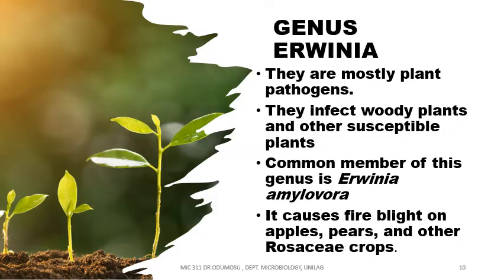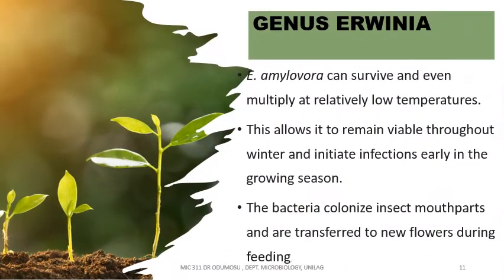So a common member of this genus is Erwinia amylovora, which infects woody plants and other susceptible plants. It is a typical plant pathogen. Erwinia amylovora exhibits cryotolerance, enabling it to survive and proliferate at comparatively low temperature.